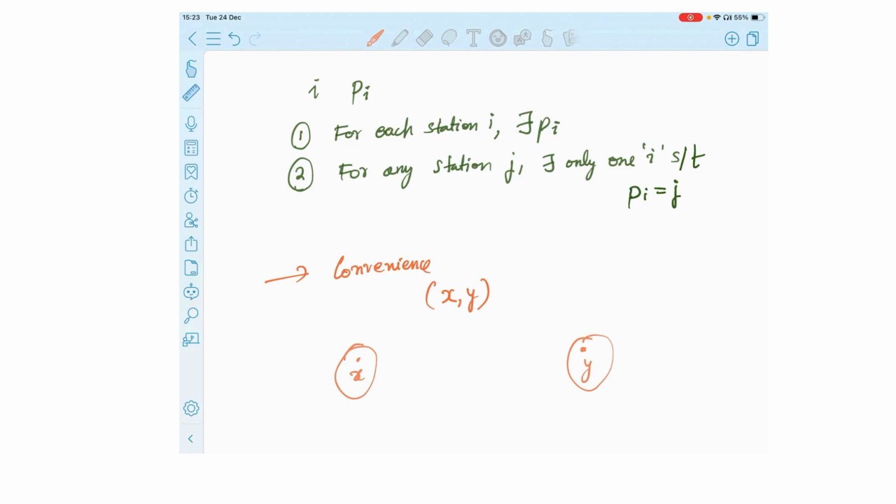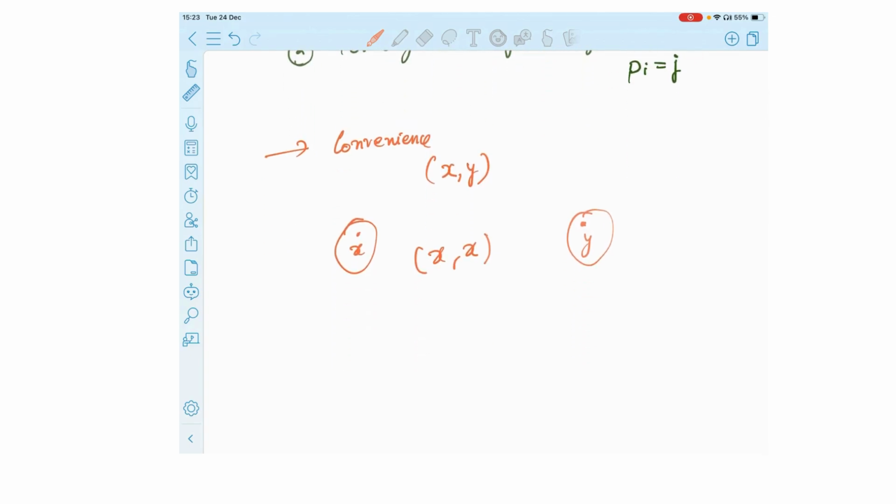That number can be 1, 2, or even 0. What do I mean by 0? A person can start from x and reach x without taking any train. So that's what the convenience term quantifies.